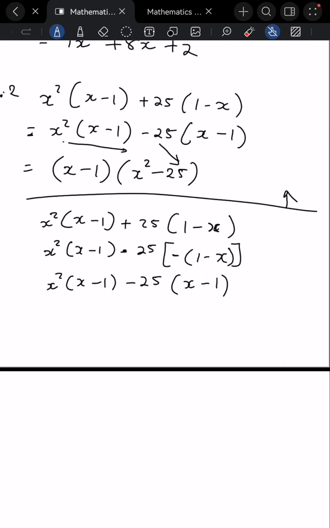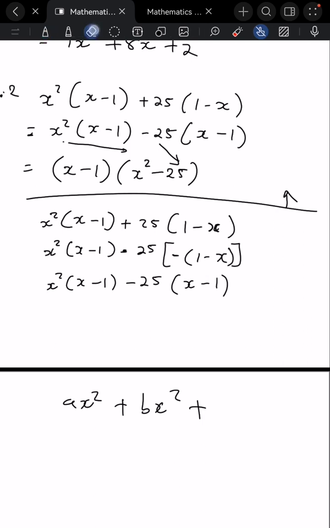If I have, for instance, ax squared plus bx squared plus something like this, plus bx cubed plus cx, something along these lines. If I was to factorize this, I would factorize it by putting the x outside.